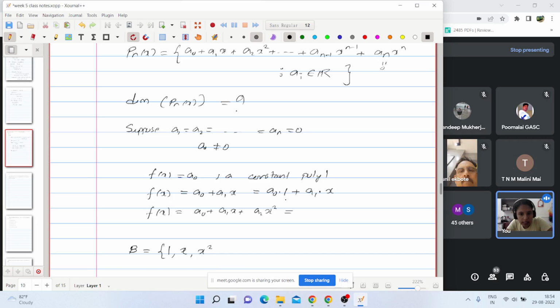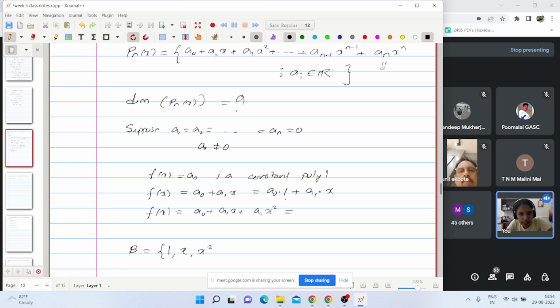In the same way, if I have an nth degree polynomial, I am taking up to nth degree. This is our maximum polynomial. So what will be the last element here? x power n.